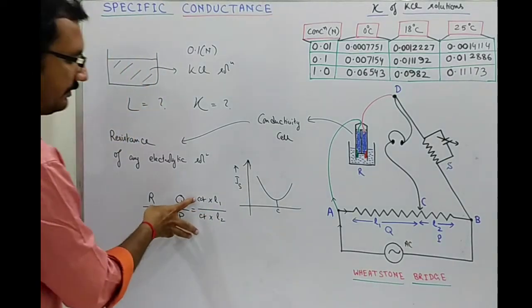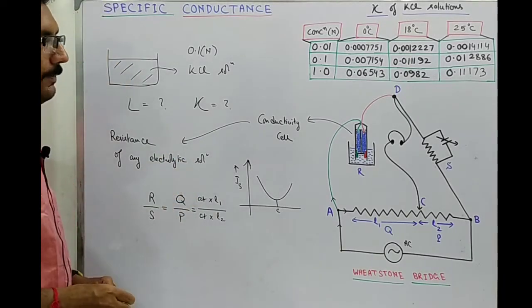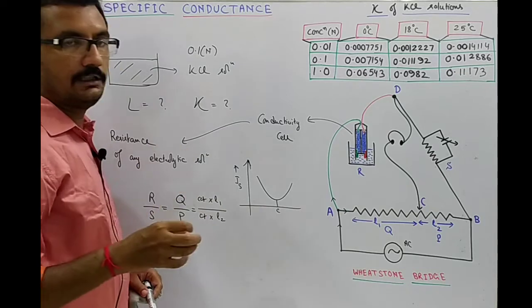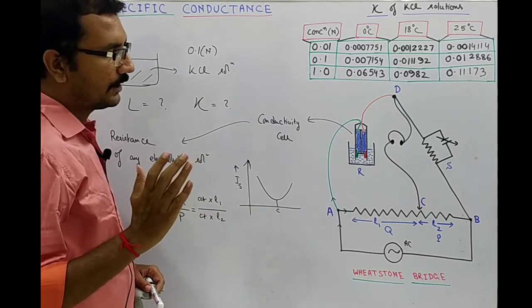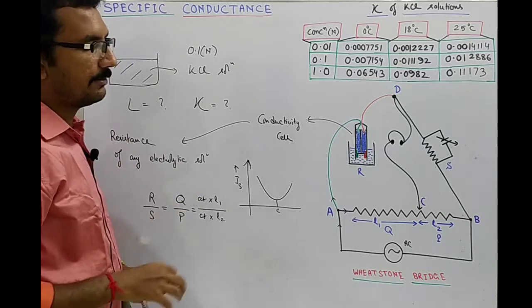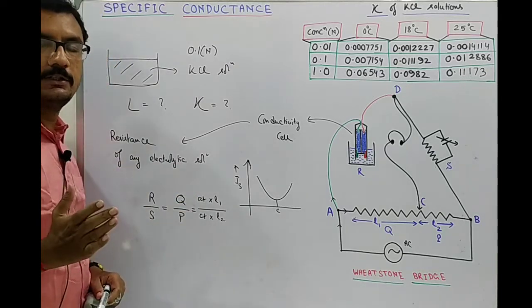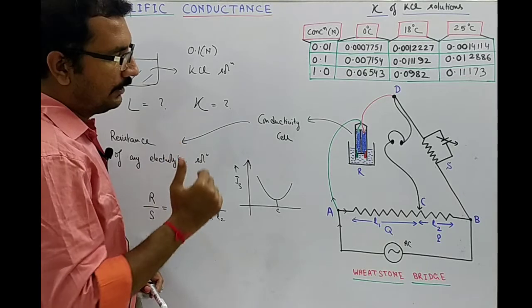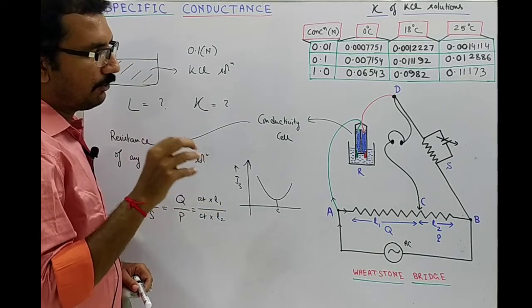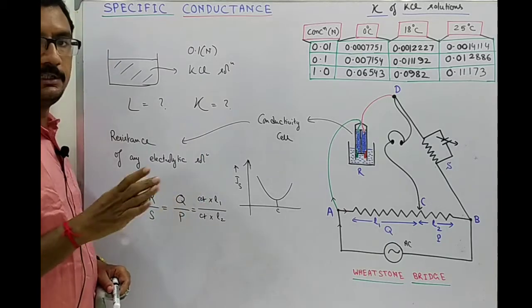What is the value of this constant? I have described it in detail in the second or third lecture of this chapter electrochemistry. Please go to the playlist and watch the videos from the start. In the topic potentiometer, I have described it in detail.